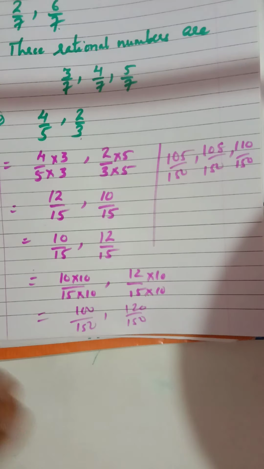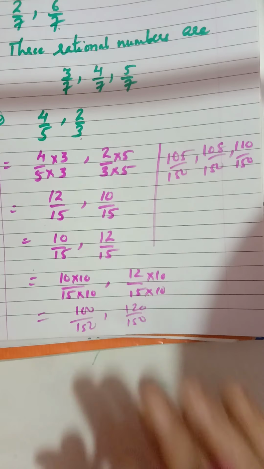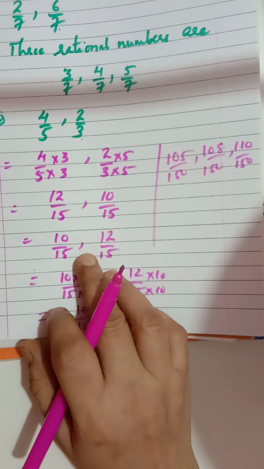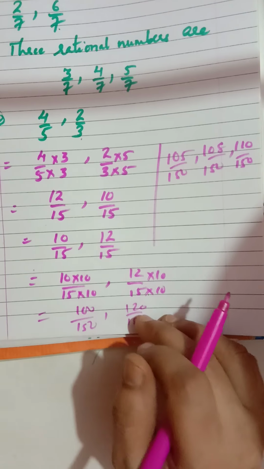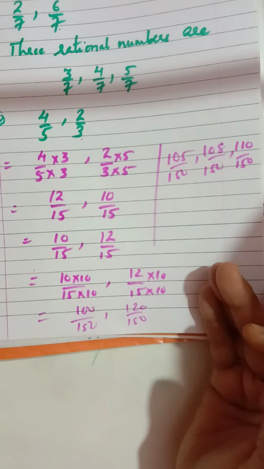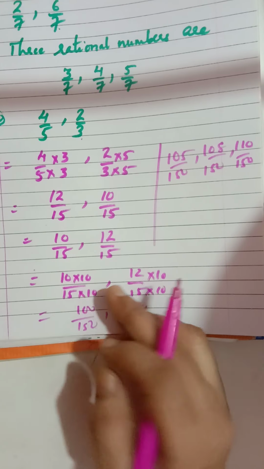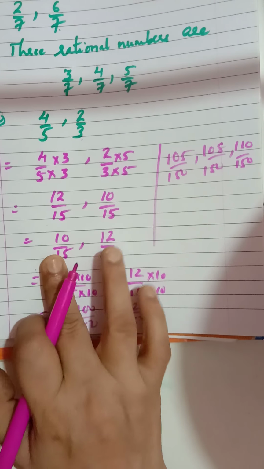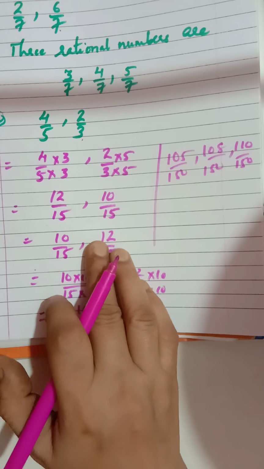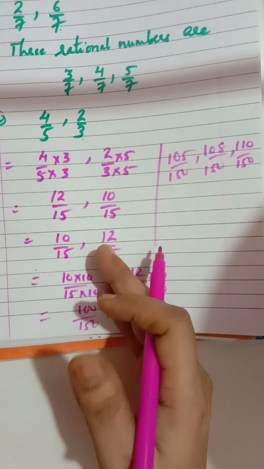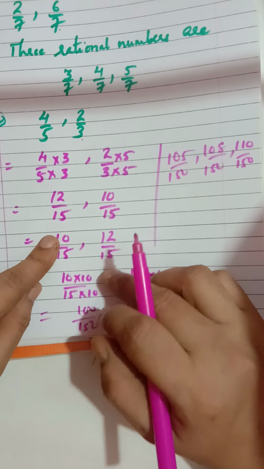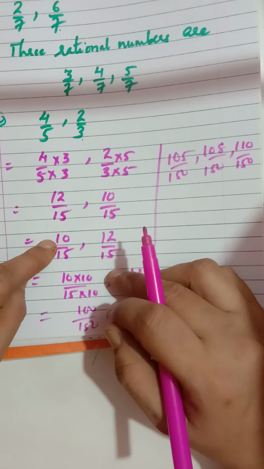So this way you can go for this. When the in-between numbers are few and we want more in-between numbers, in that case you multiply by 10. You can multiply by 100 also, or by another number also. If you multiply by 2, you will get 20 and this becomes 24. You can multiply by 3 also. Suppose you multiply by 2: you get 20 upon 30, and here 24 upon 30.